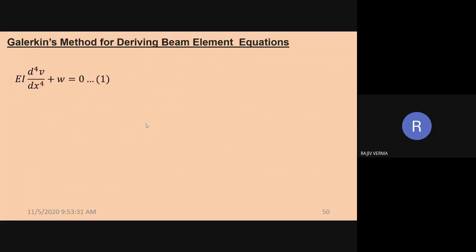Now equation number 1 on display happens to be the required governing equation.